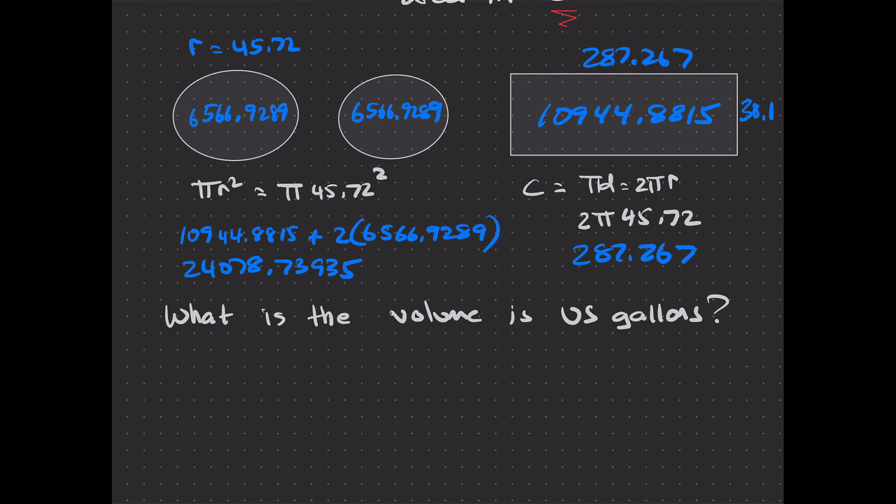If I'm going to round that, you can see that the 9 is going to push that 3 up to a 4. So what we end up with is 24078.74. And again, our units are going to be centimeters squared.